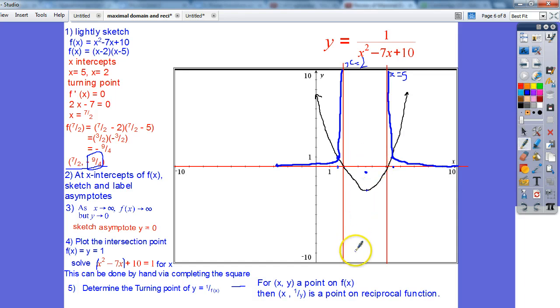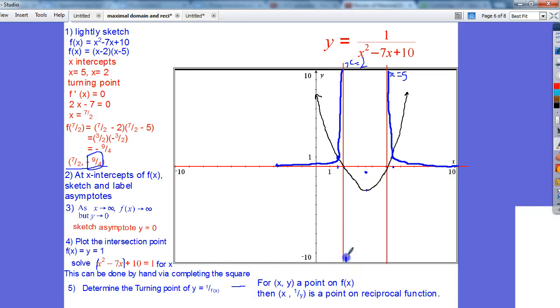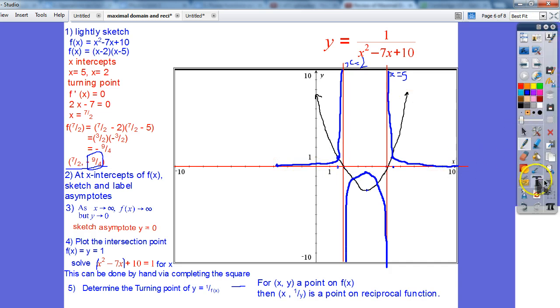It's asymptotic at these points, so I'm going to have it run along the asymptote, and then it's going to turn there, down, and become asymptotic again, like so. And there we have it. Our reciprocal function is in blue.